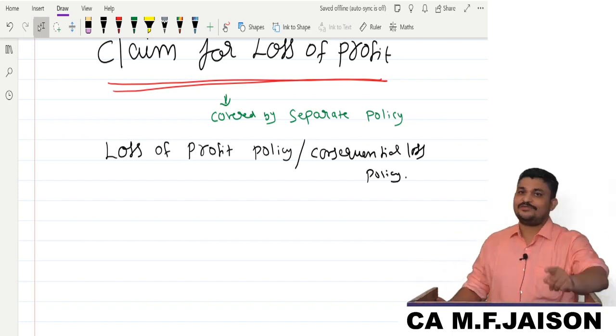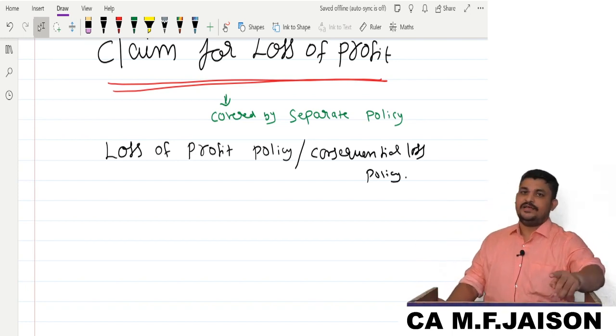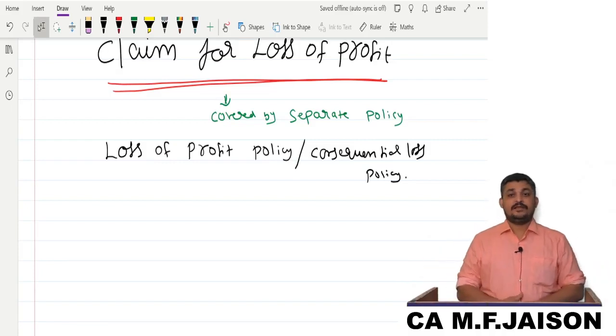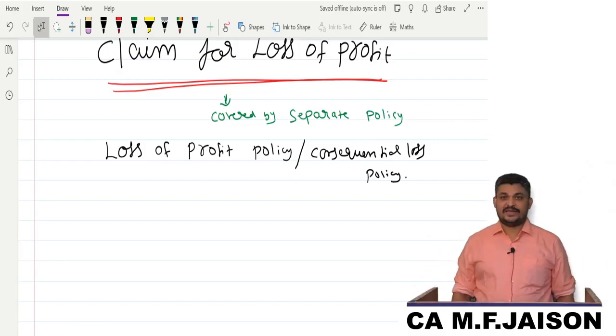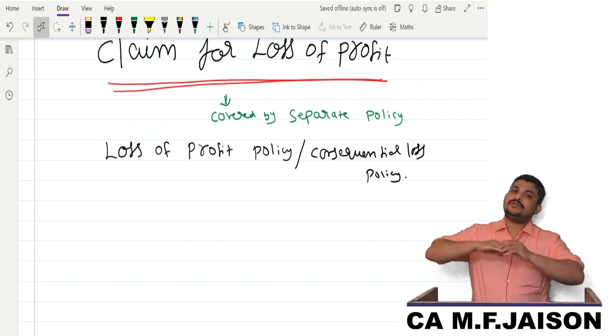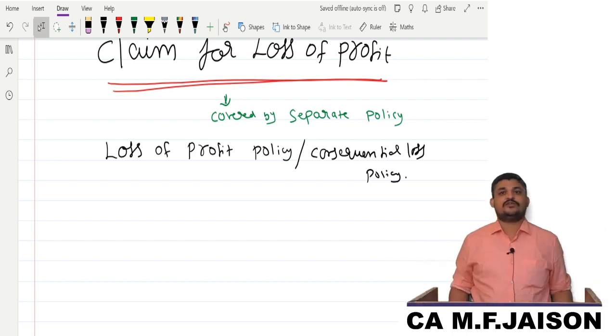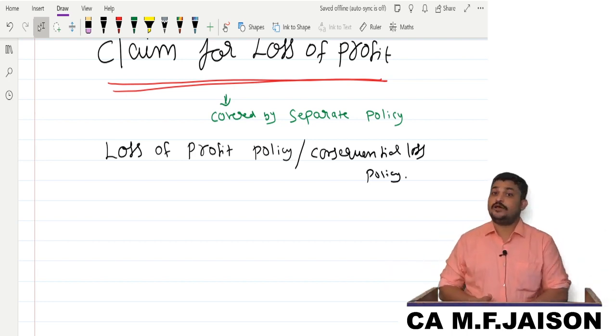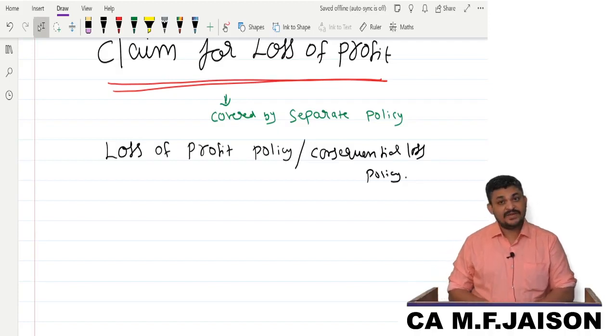Then I will pose another question to them. Suppose in a business there was no stock at the time of the fire. So zero stock, and they had a fire accident. Can we say there won't be any stock loss? Yes, no stock, no loss. Sorry, can we say no loss of profit? There we can't say.